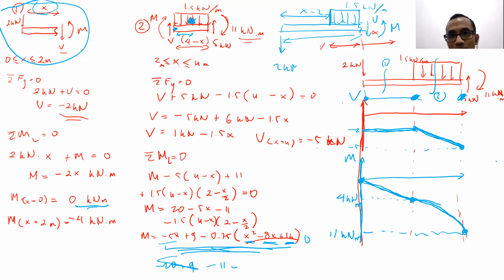Just now we put this as x like that, and the distance from the left edge to the boundary of the distributed force is x minus 2.